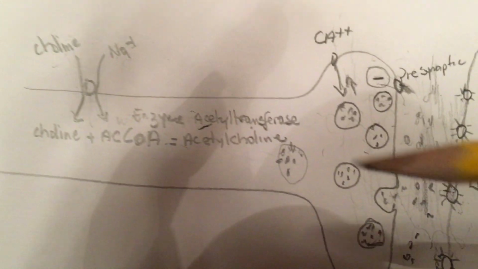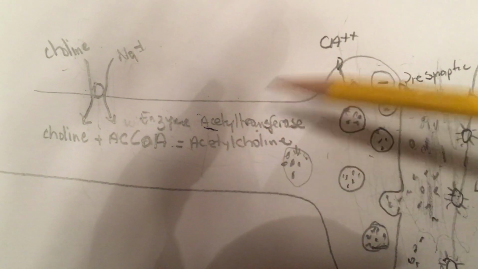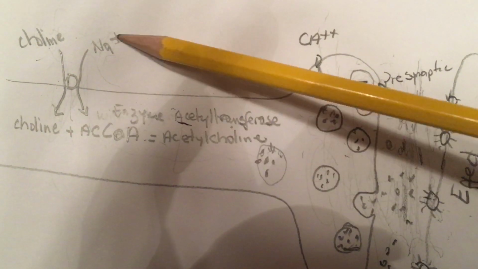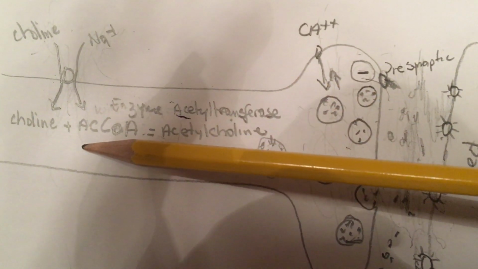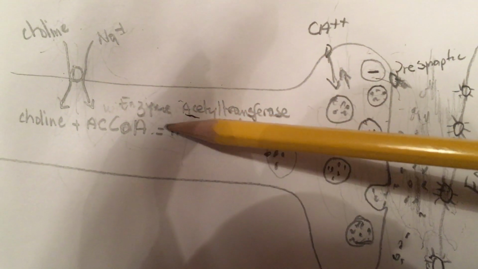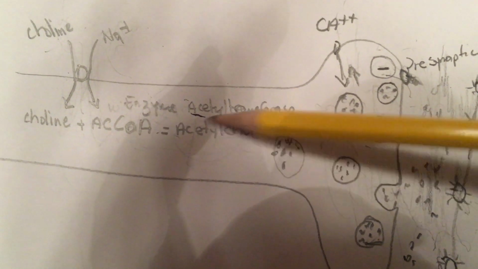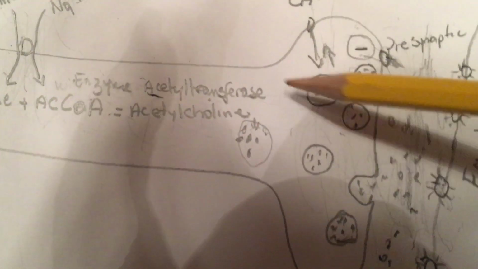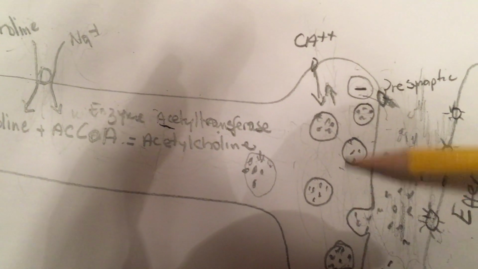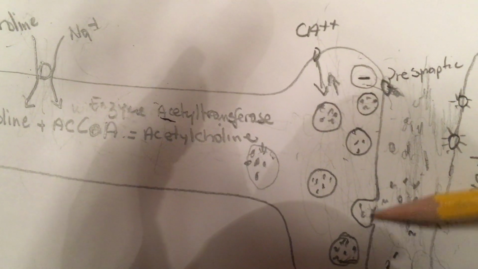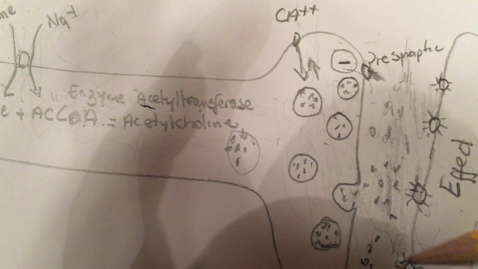But so far, this is how acetylcholine is synthesized, gets packaged, and gets released into the synaptic cleft. It gets synthesized with the help of sodium that washes choline to the membrane, and with the help of acetyltransferase produces acetylcholine, and then we put them into vesicles, and when calcium comes in, the rise in the level of calcium causes the vesicles to release acetylcholine into the synaptic cleft, and that has two effects.